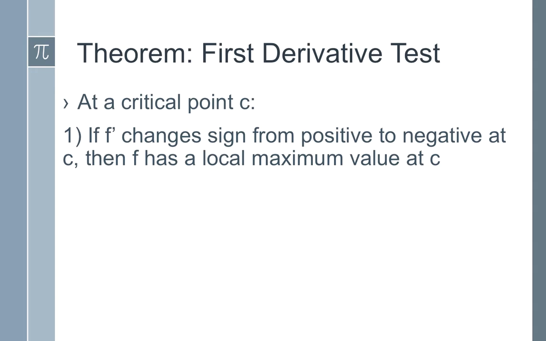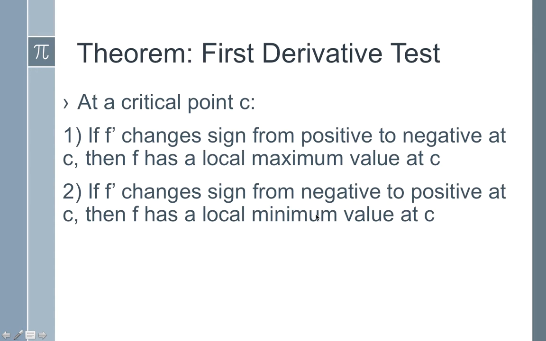And that should make sense. The slope on the left was positive, and the slope on the right was negative, and therefore that's a maximum value.